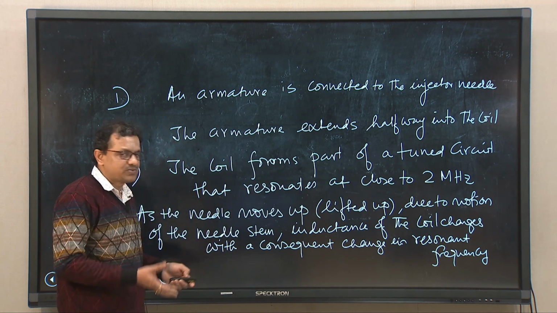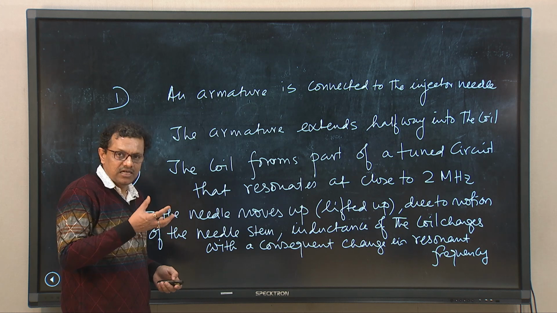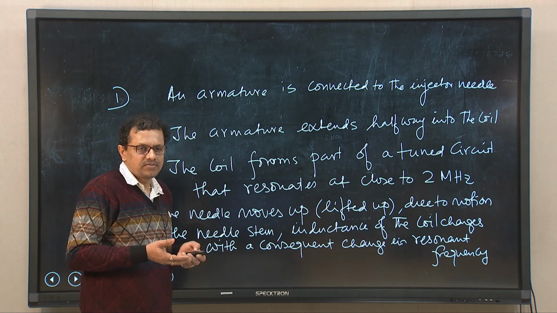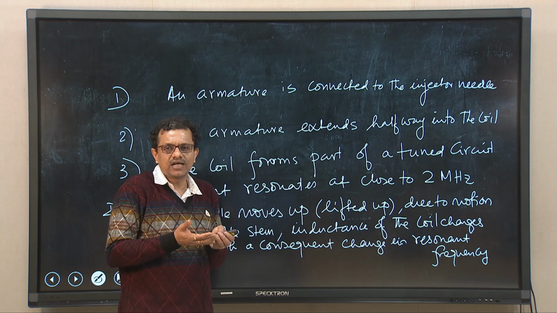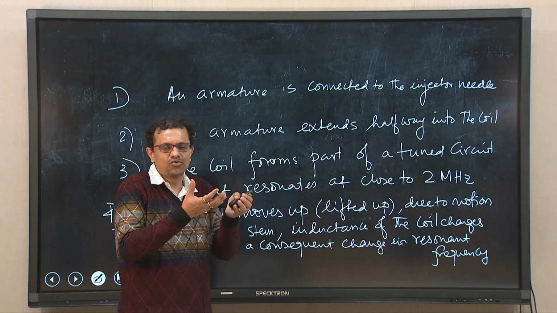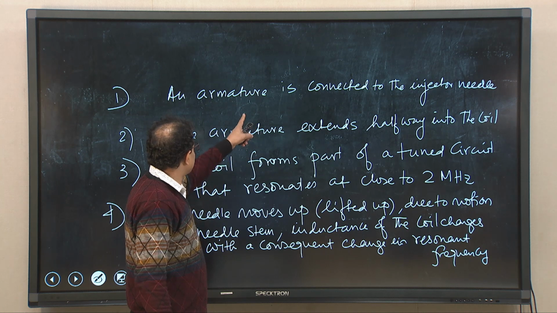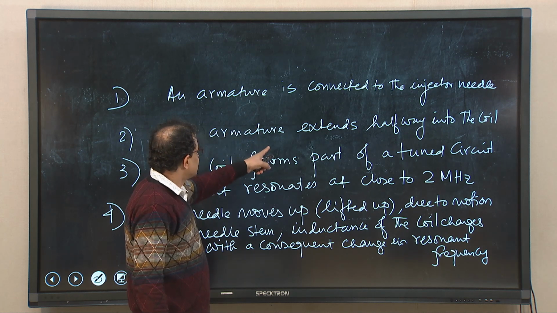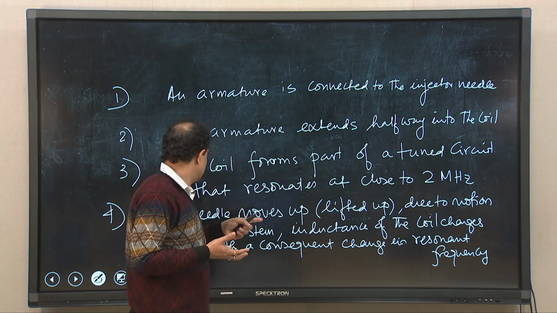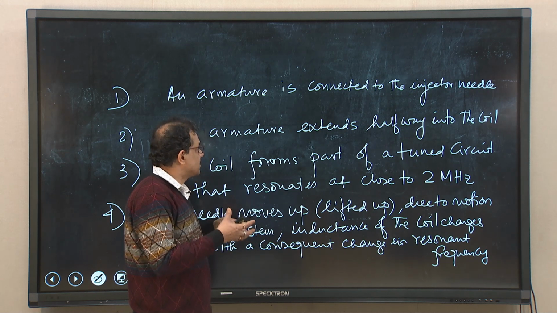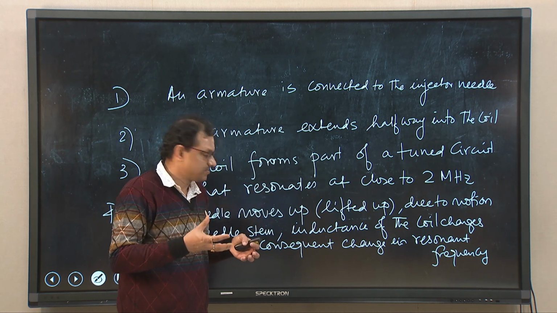Now, as the needle moves up or is lifted off, that is essentially due to the motion of the needle. When high pressure fuel tries to force the needle to move off, that helps the armature to also move and the inductance of the coil will change because the armature is halfway into the coil.